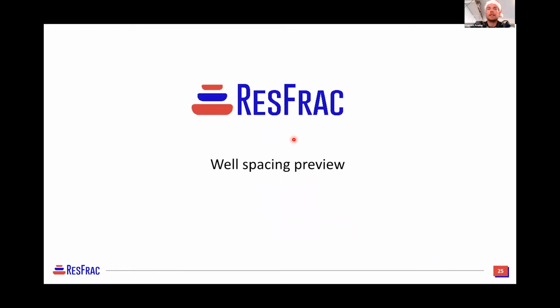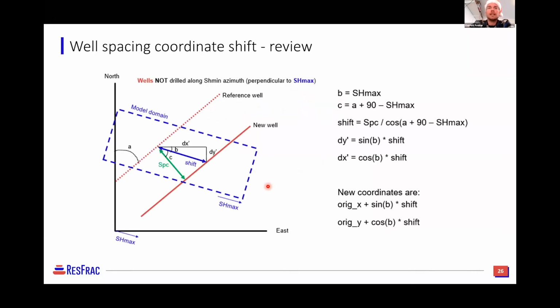Carrying on. So this is a little bit of a review and also a little bit of a preview of what we talked about 4 or 6 weeks ago, which was well spacing sensitivities. And what we had discussed was this complex geometry problem of if you have a well that is off of one of your cardinal coordinates, how do you shift that well?